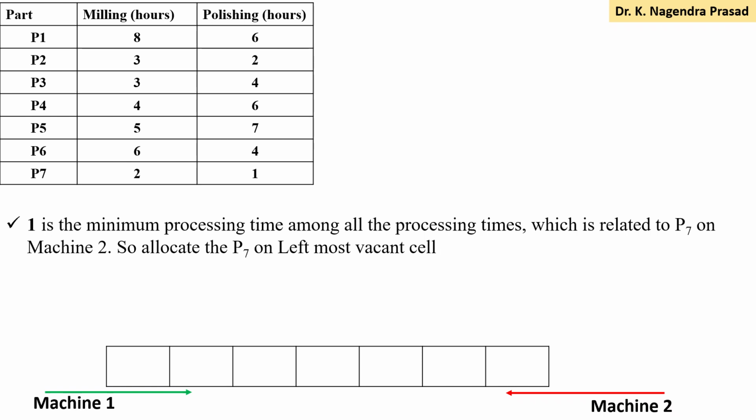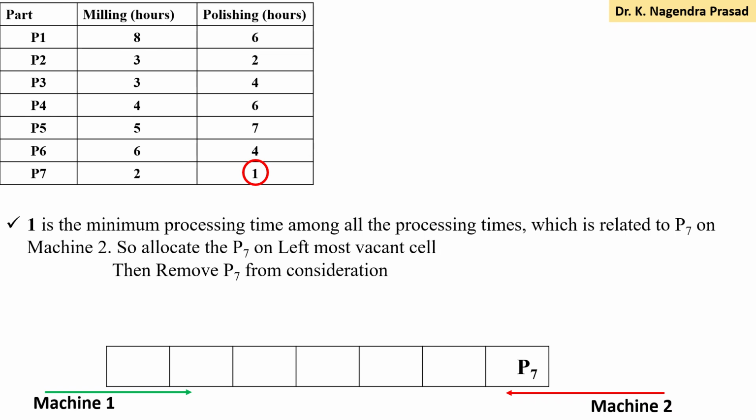So first we have to observe the minimum processing time among all the processing times. Here 1 is the minimum processing time among all the processing times, which is related to part 7 on machine 2. So we have to allocate part 7 to the leftmost vacant cell.